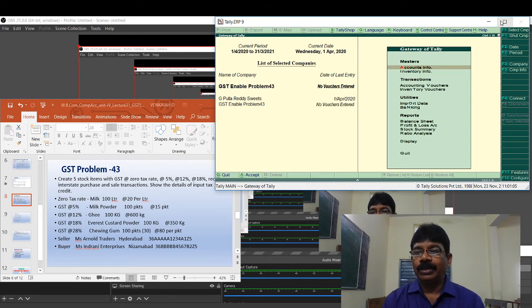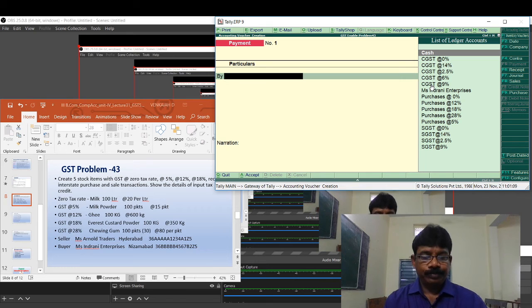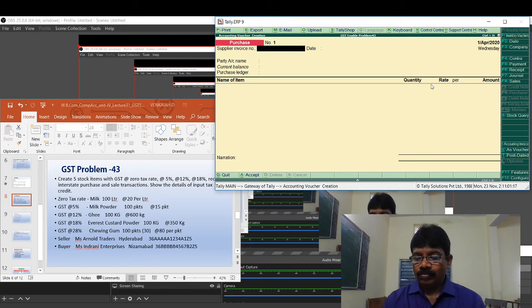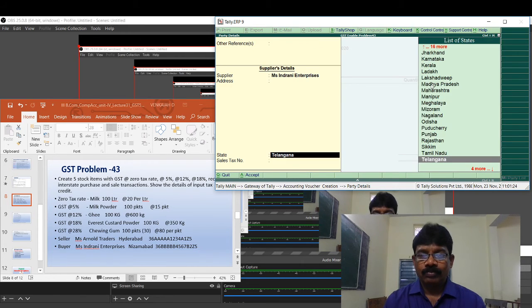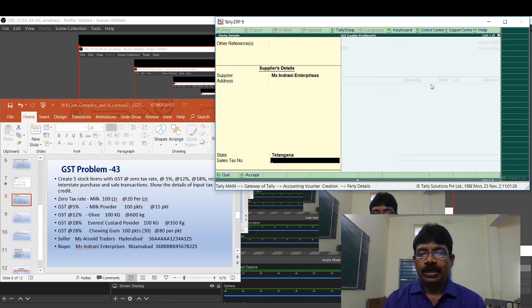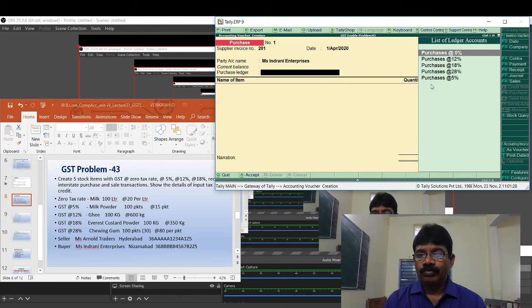Now we will pass the voucher, accounting voucher, purchases. Indrani, sales tax number it is asking. Purchases at 0%.